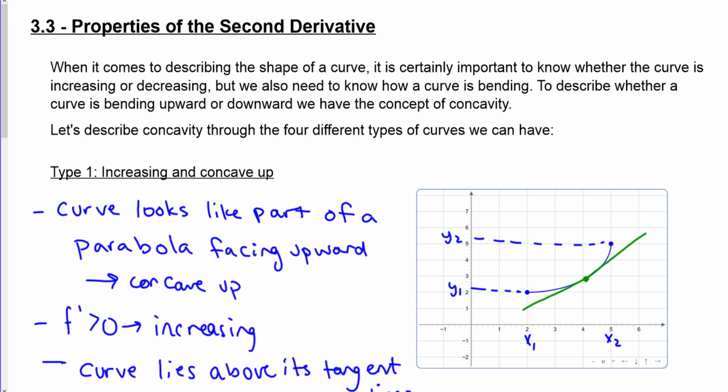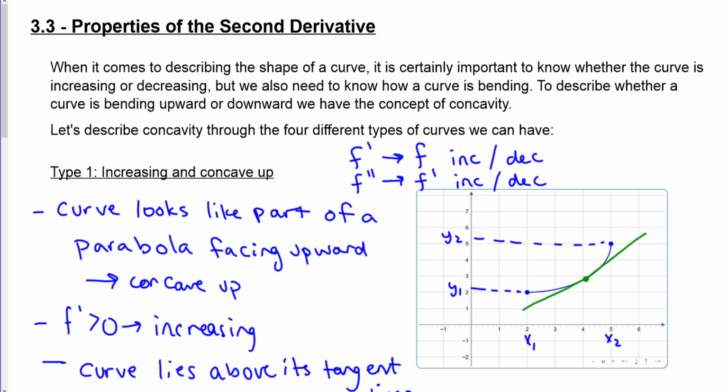Now, let's write that down. So f prime tells us if the original function f is increasing or decreasing. Okay? Now, the second derivative. The second derivative is just a derivative of your first derivative, so the relationship is the same. The second derivative tells me if the first derivative is increasing or decreasing.